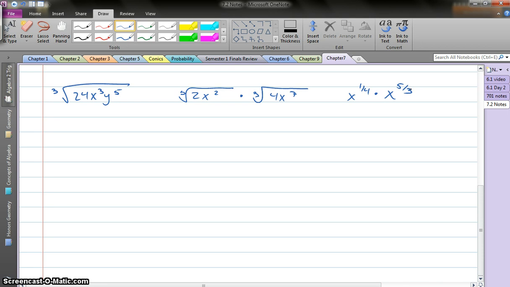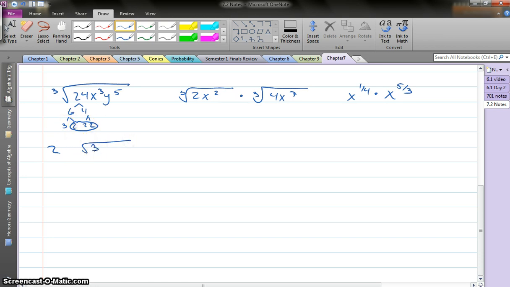Okay, again, how do I write 24 to the third power? Well, I don't really know. This is a tough one. So I'm going to go breaking it down. So we have 6 and 4, 3 and 2, 2 and 2. All right, I have 3 2's, so that gets to come out, and 1 3 is left in.